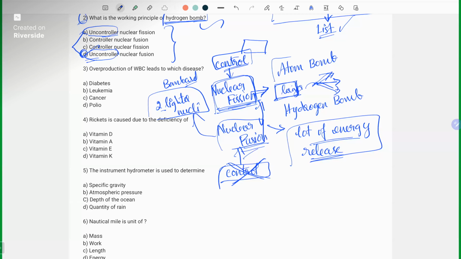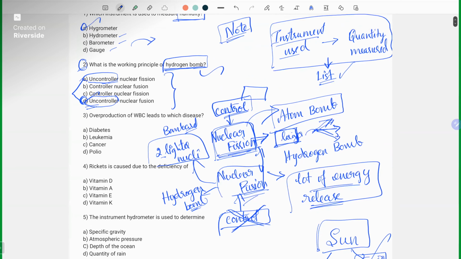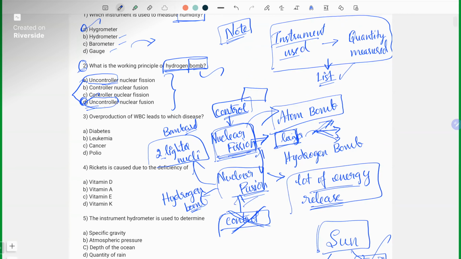So atom bomb basically works on the principle of nuclear fission, and hydrogen bomb works on the process of nuclear fusion. And what is the natural phenomenon occurring in the sun, whether it is fission or fusion? Fusion, ma'am. Very good. It is fusion. And when it comes to bomb, it is definitely uncontrolled.